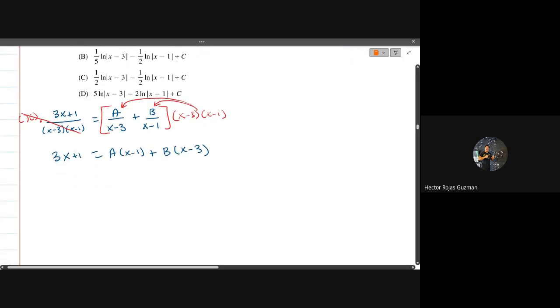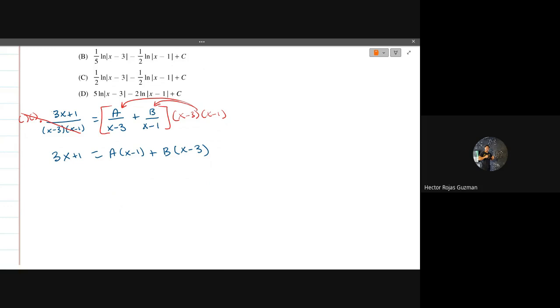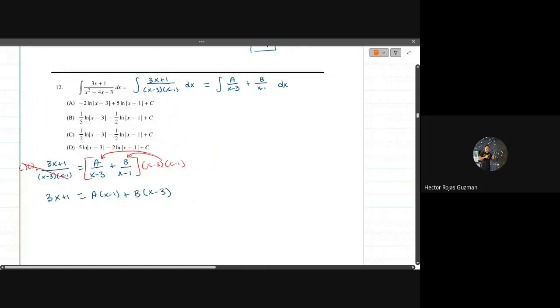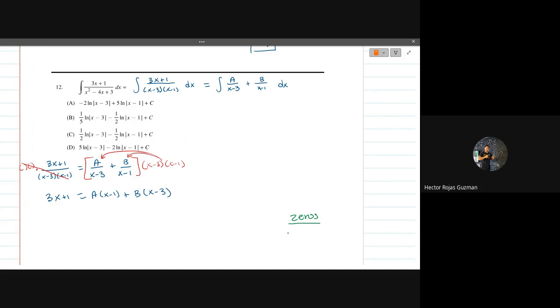Now from here, we're going to solve for A and B by plugging in our zeros, which I did not solve for yet, but they're pretty easy to figure out. My zeros happen when you set x minus 3 equal to 0 and x minus 1 equal to 0. So my zeros are 3 and 1.